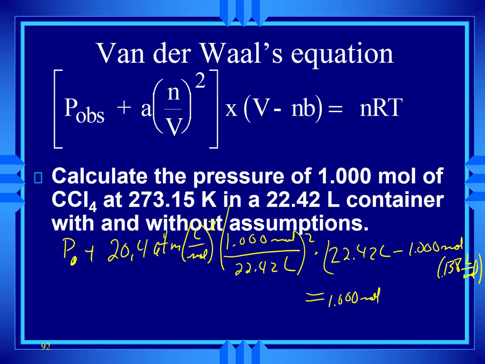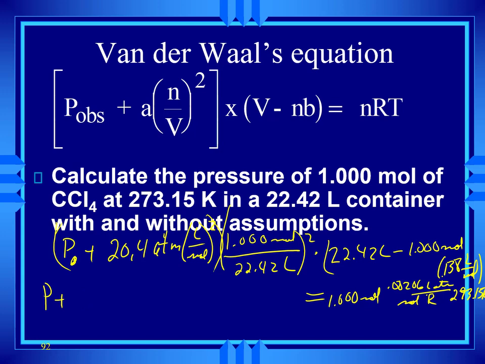And all of that equals 1.00 moles times R. And since they've got an atmosphere, it's got to be 0.08206 liter atmosphere over mole Kelvin. And the temperature is 273.15 K. So that leaves me with P plus 20.4. Actually, let's simplify this term.